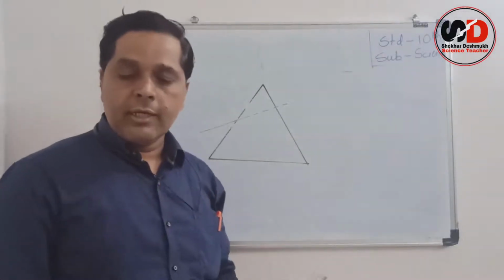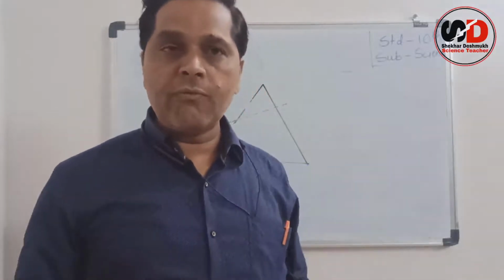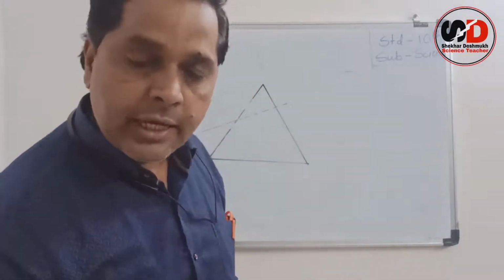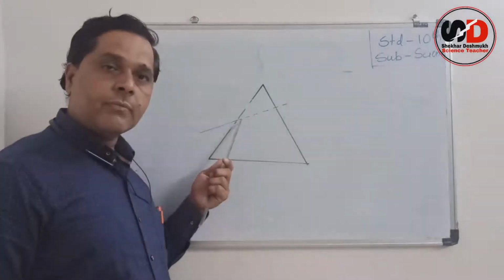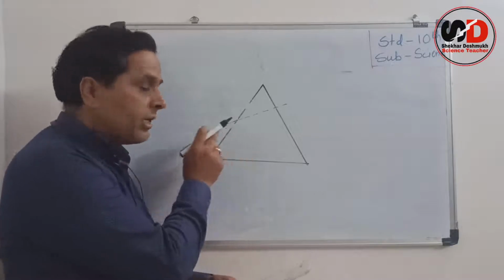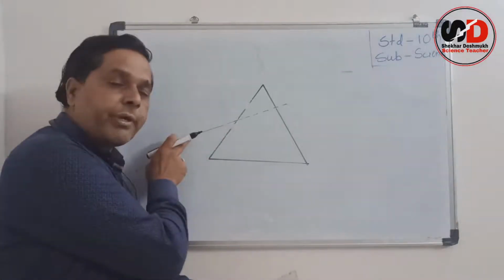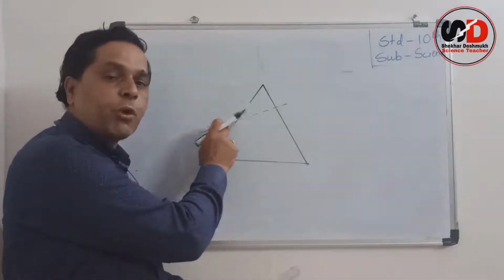So actually the refraction or dispersion, that means splitting of colors, separation of colors, starts from this point only. Because this is a glass prism, and therefore the light ray enters from air to glass, and therefore the separation starts from this point.